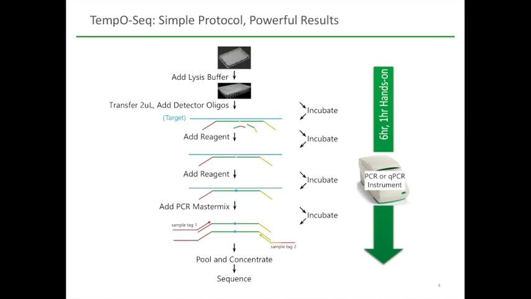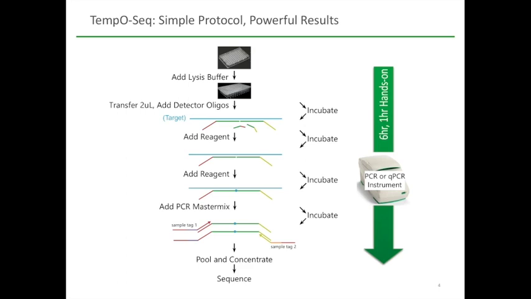At this point, you have 96 samples, each of which have gone through the TempO-Seq reaction, each of which are uniquely indexed, and so they can be combined into a single pool, then concentrated using a single spin column that concentrates and cleans this up and results in a ready-to-sequence library.